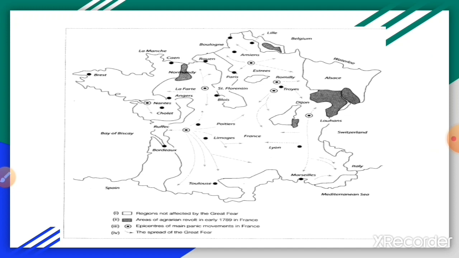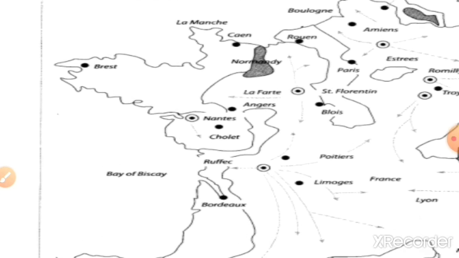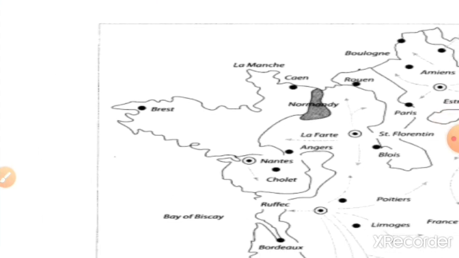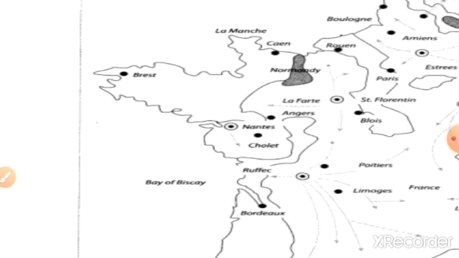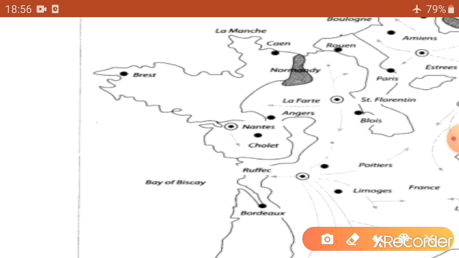So what was our question number A? Brest, region not affected by the Great Fear. So let's see, where is this region? Here, I'll zoom in. Yeah, I got it. Brest, this region. The first thing I'm going to do is draw an arrow. Now, this was question number A, so I'll write A in the bracket.